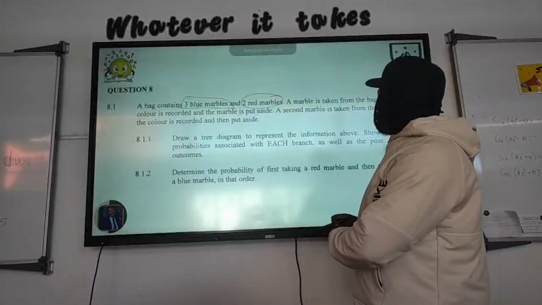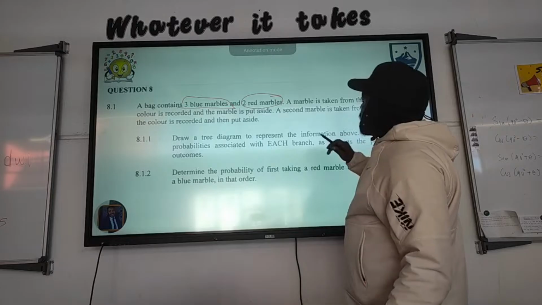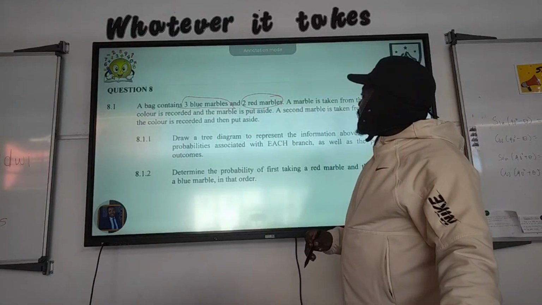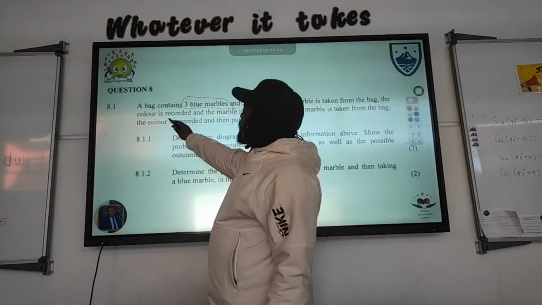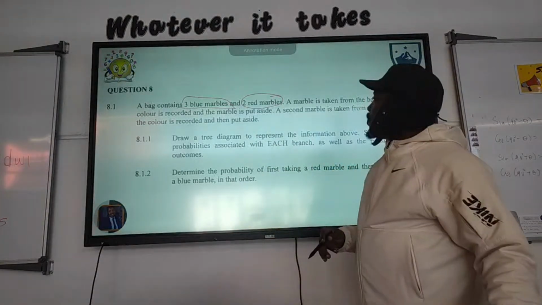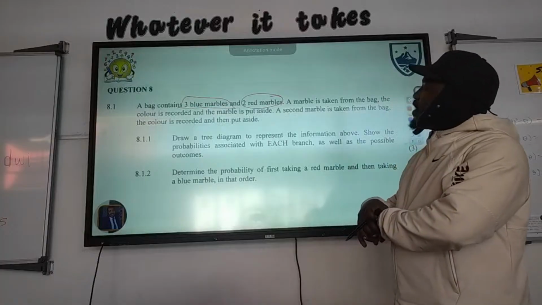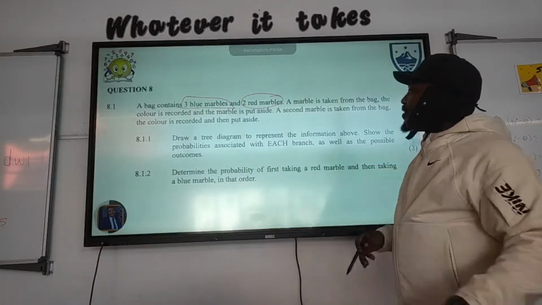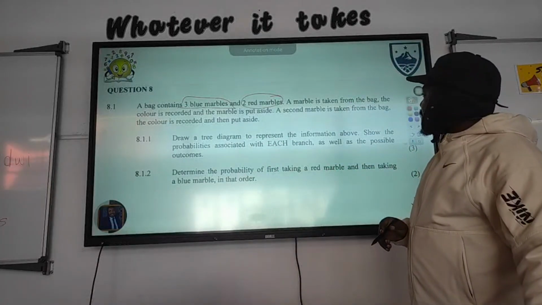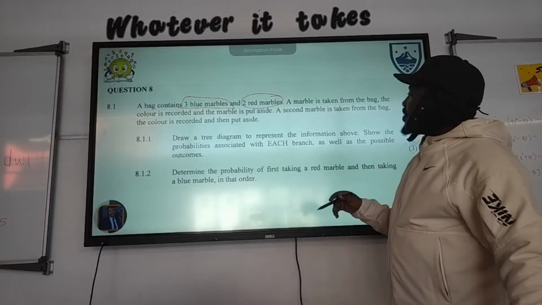A marble is taken from the bag, the color is recorded, and the marble is put aside. You don't take it back into the original bag. The second marble is also taken out, the color is recorded and it is also put aside. The question says, draw a tree diagram to represent the information above and show the probabilities associated with each branch as well as the possible outcomes.